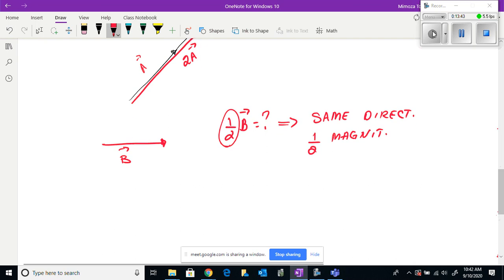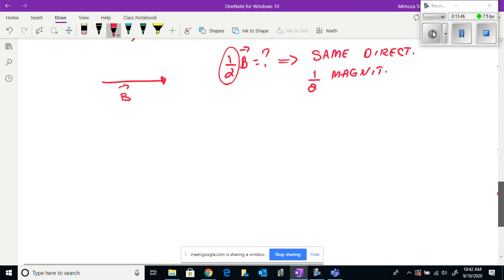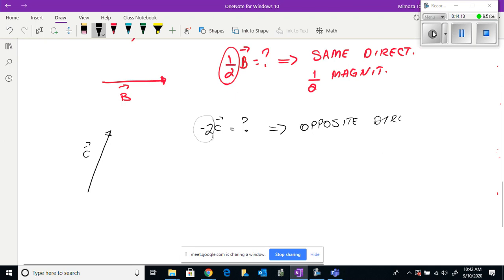What is happening when we have a vector? Let's suppose we have a vector C that is like this. And what we are wondering now is, what is negative 2C? So when the vector is multiplied by a negative coefficient, then we will have the opposite direction and we will have double the magnitude.